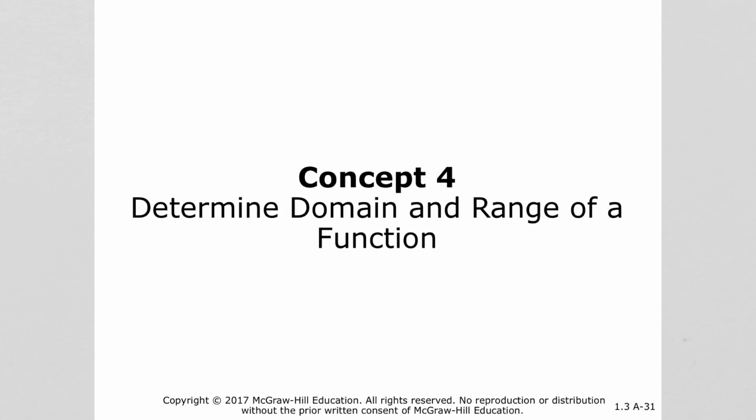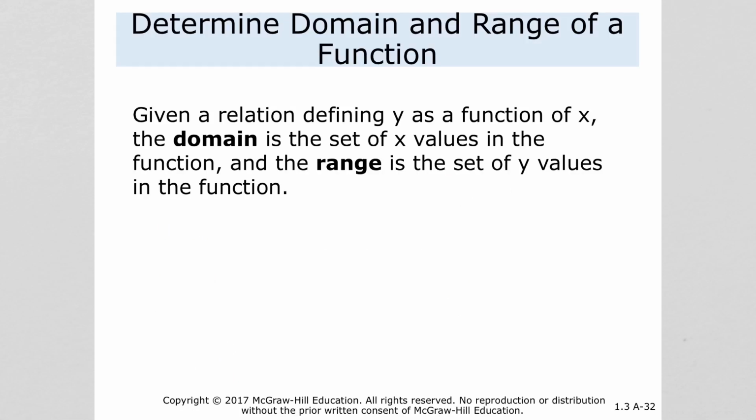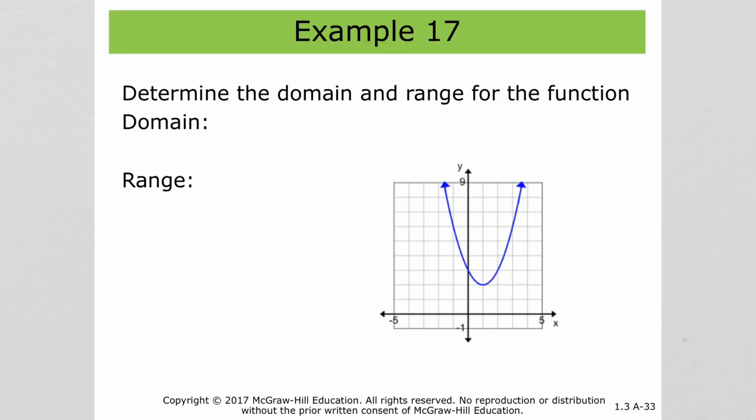The next concept we're looking at is domain and range. The domain is all the x values, and the range is all the y values. So the domain here would be all the x values.